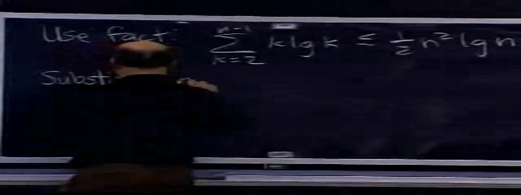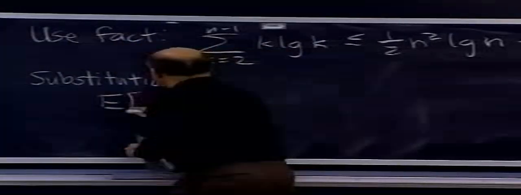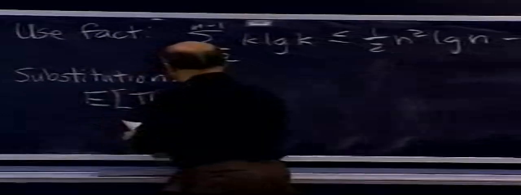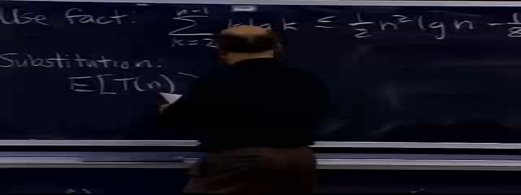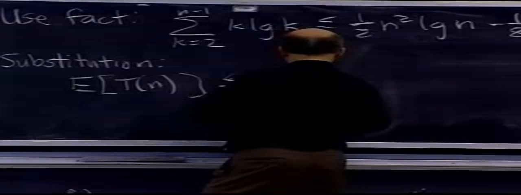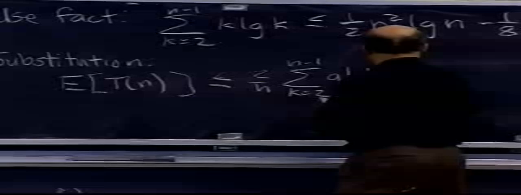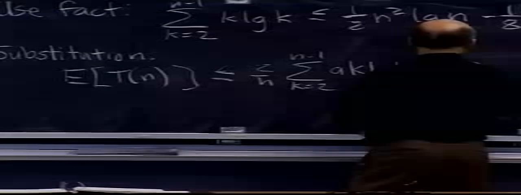And I find it never hurts to show students more and more examples of induction. So this is our last equation, by the way, and then we're done. So this is less than or equal to 2 over n summation k equals 2 to n minus 1 of a k log k plus theta n.